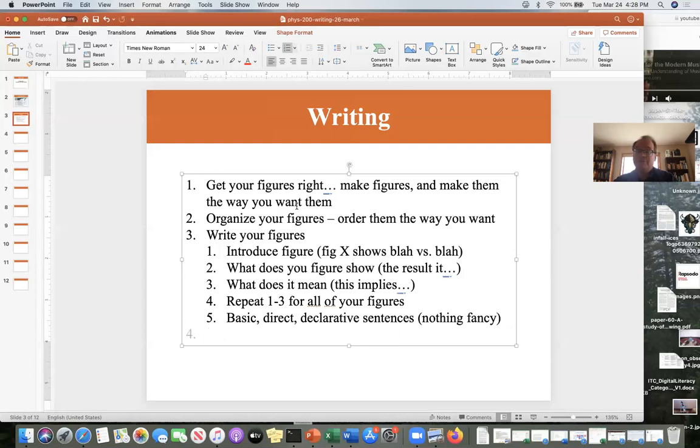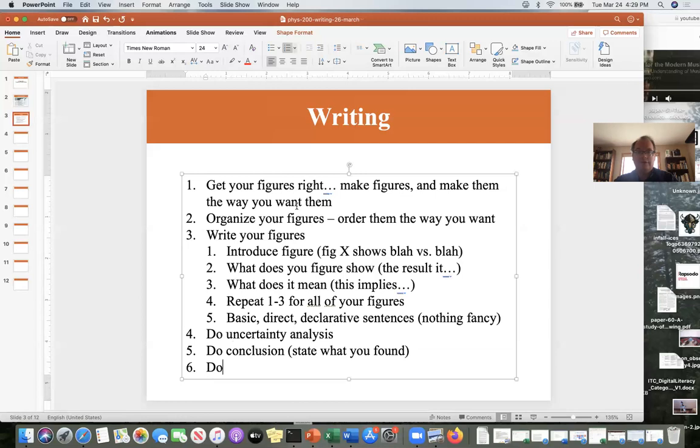Once you've written around your figures, go back and do your setup, your experiment. I tell you what, instead really you should do your conclusions. Do your uncertainty analysis, and do your conclusions, which simply state what you found. Then do your introduction and your setup.